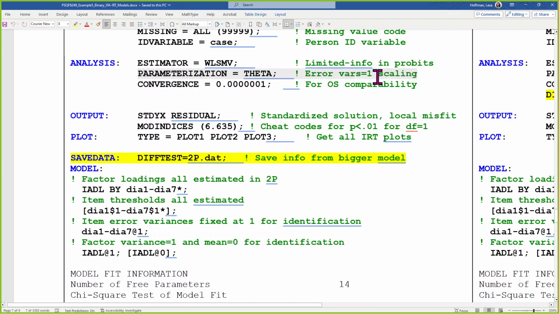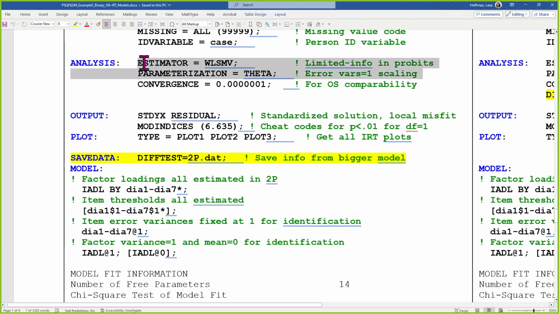So in this model, the error variances are all assumed to be 1 in probits. In the alternative parameterization, which is known as delta, this is on a slide somewhere, the total variance is 1 instead. So all of the formulas that I gave you to go back and forth across IRT and IFA are specific to this theta version. You can get the ones for delta on the Mplus website if you so choose. And convergence equals this for comparability.